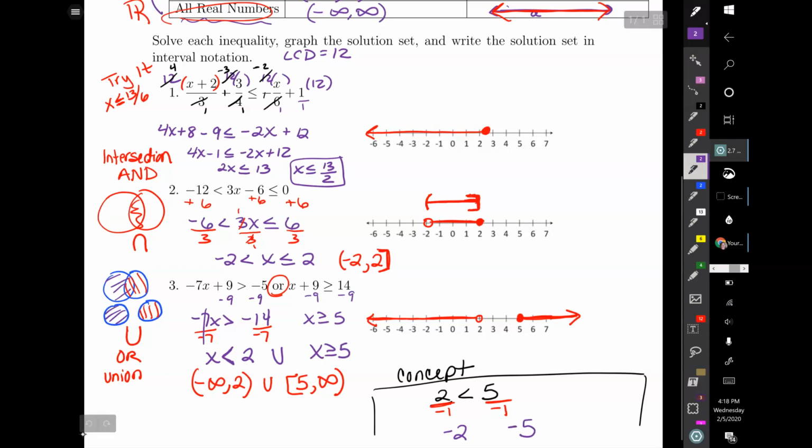And that would not be true if I just carry down that less than symbol. I have to reverse it because I changed everything around. So I would have -2 is greater than -5. I could also write it as -5 is less than -2. A lot of times we do left to right like that.